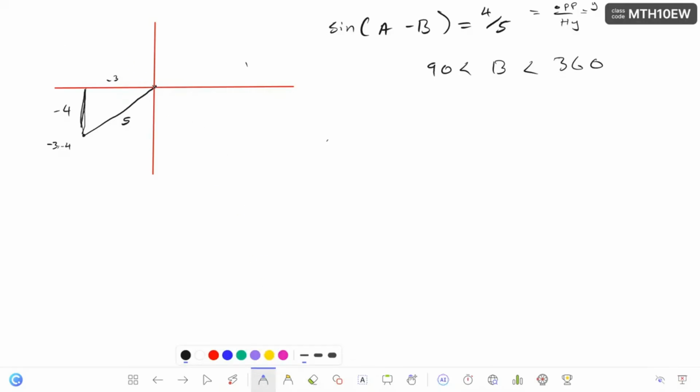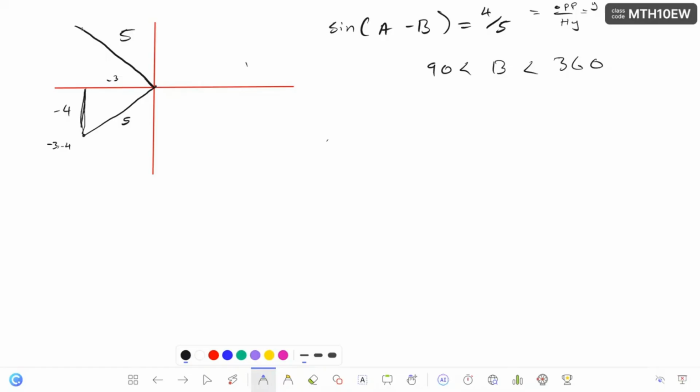So our hypotenuse is 5, then our opposite is 4.